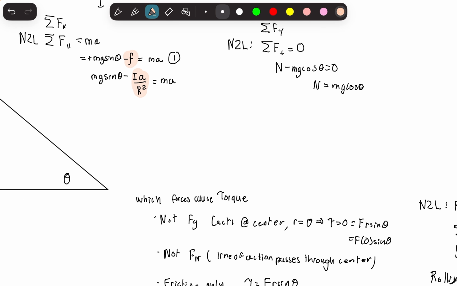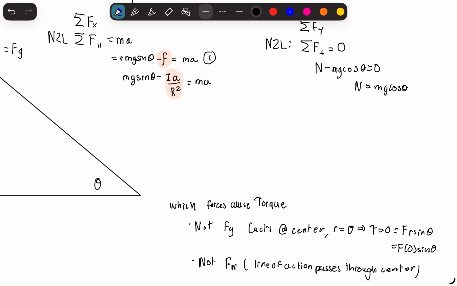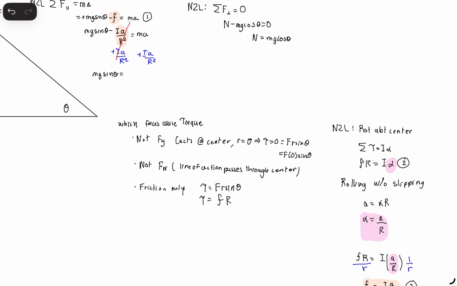After this, you're going to solve with your algebra carefully. We're going to move everything with a to one side, so this is going to be plus I a over R squared, and that's going to cancel out. You're going to have mg sine of theta equal to your new side.